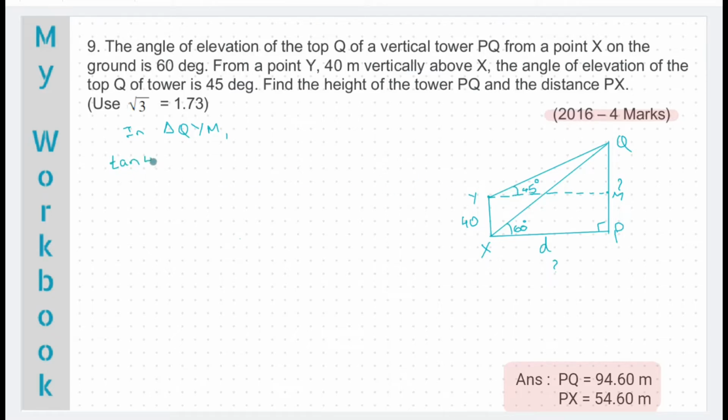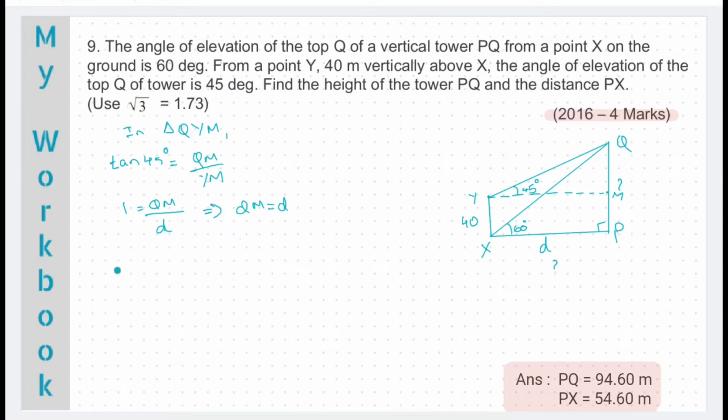So tan 45 degrees is equal to opposite side QM by adjacent side YM. Tan 45 is 1. QM is unknown. YM is the same as D, that is the distance between the point on the ground and the tower. From this, we can conclude that QM is also D. So this short portion is D.